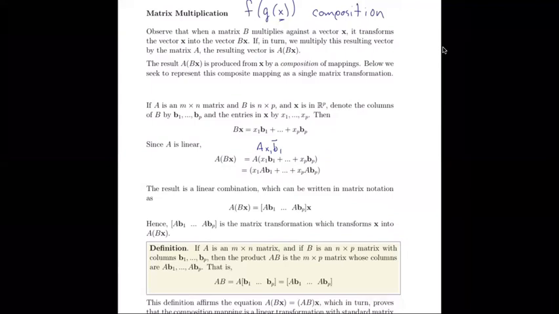We know that A times a vector is going to yield a vector. We can factor, thanks to properties of scalar vector multiplication, x1 out into the front of this as follows. It's a subtle point, but it's one that really needs to be accepted. But the most important fact about all of this is what we end up with. We realize that this is a linear combination of the vectors Ab1 through Abp.